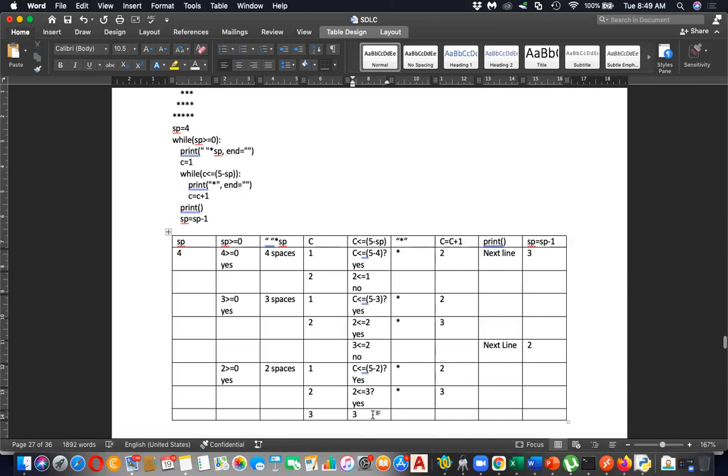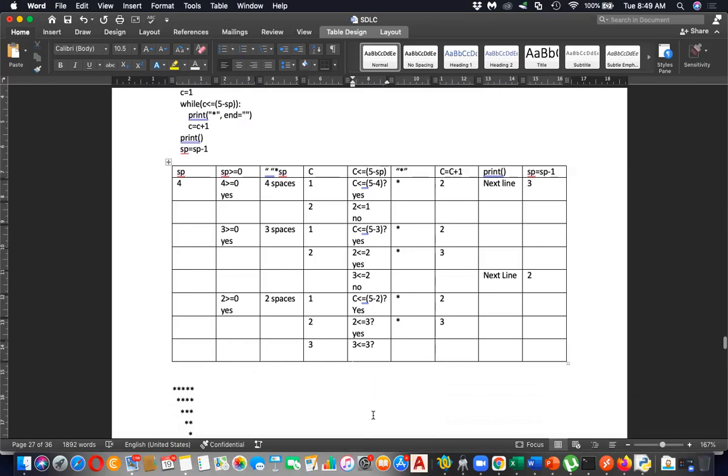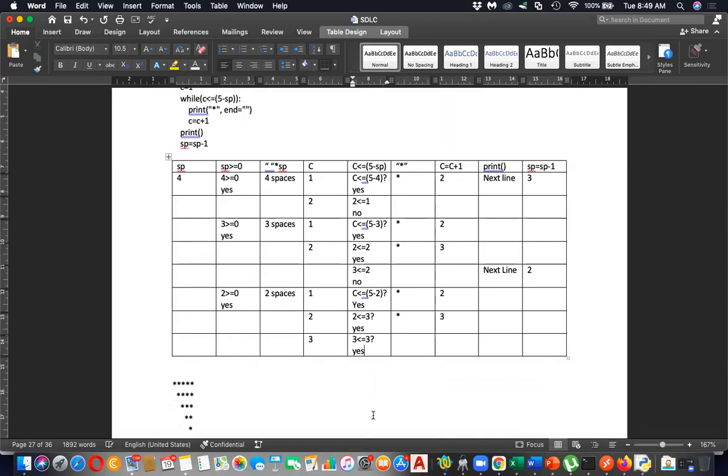3 less than or equal to 3. Yes. Then it will print another asterisk. And now the value is 4. C is 4 now. 4 less than or equal to 3.